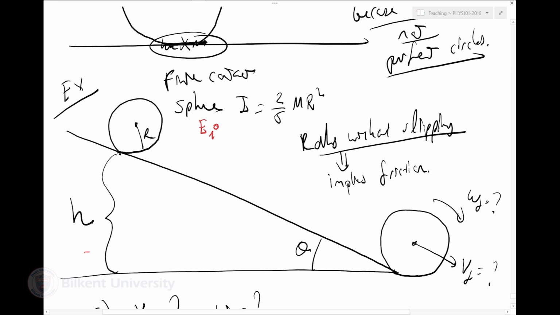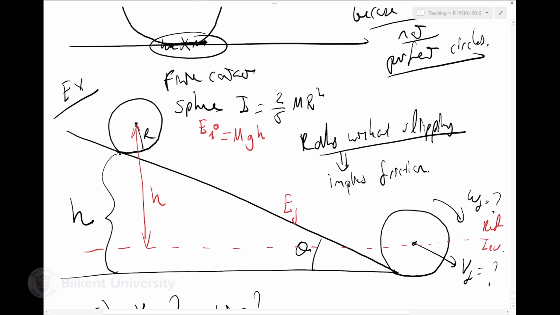I'll choose my reference level to pass through exactly the center of mass at the final configuration. Then what's the height here? H. So what's my initial potential energy? mgh. Good.